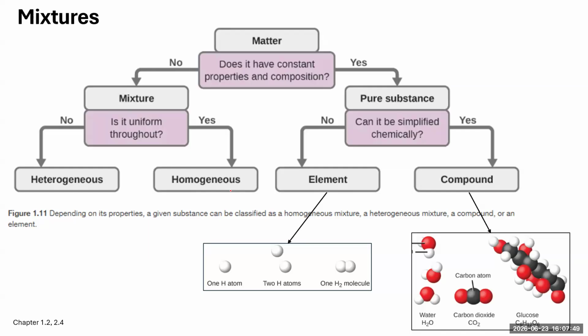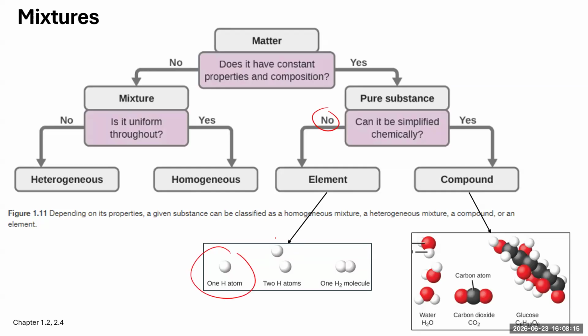It can be made with a compound, to see if it's a pure substance. So if it is pure, can it be simplified chemically? Meaning, is it more than one type of atom? No. If it's just one type of atom, it's an element.